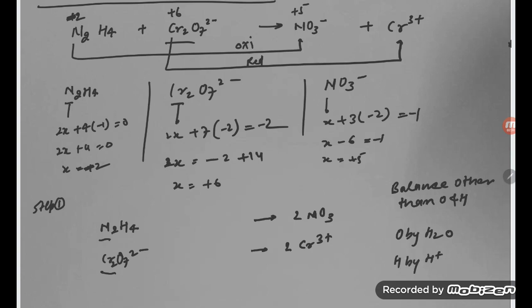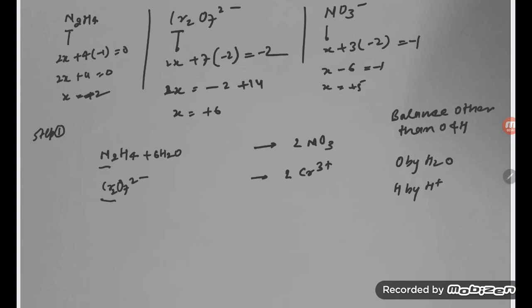Here oxygen 6 are there, so I added 6 H2O, right? Second, hydrogen this side becomes 4 plus 12, that is 16, so here I wrote 16H plus.